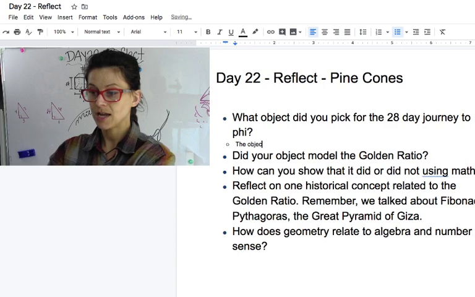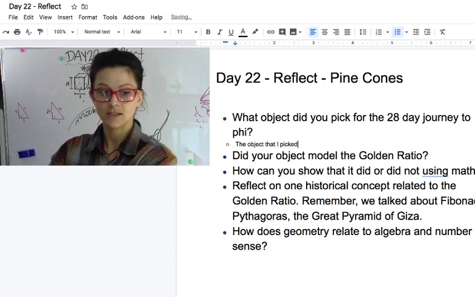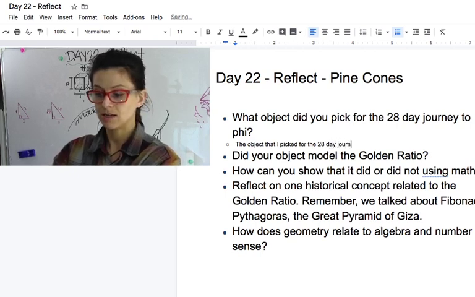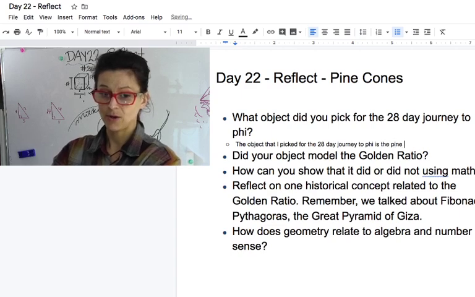So the object that I picked for the 28-day journey to Phi is the pine cone.